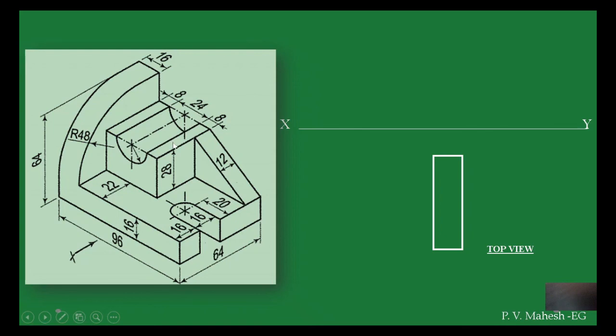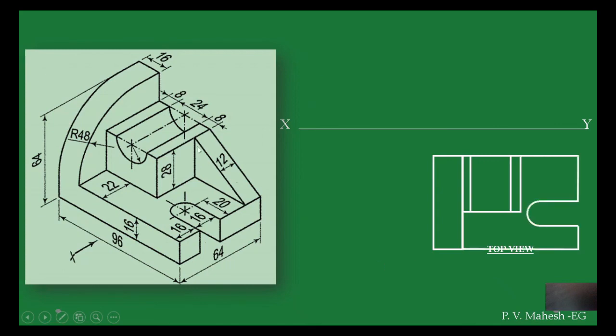Here one rectangle is there, here one rectangle is there, these two rectangles are visible, and this curve represents a cylinder, I mean half of the cylinder. If you see half of the cylinder parallel to the axis, you will see a rectangle. That's why we are getting a rectangle here. Then you will see these edges, and the inclined edges you will see here as straight lines. So with this our top view is completed.